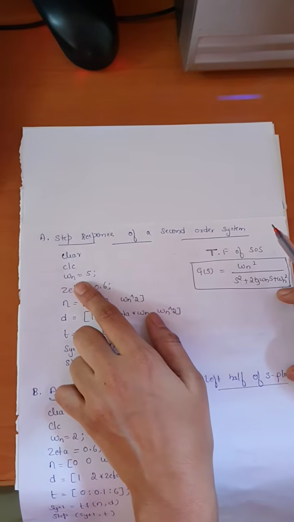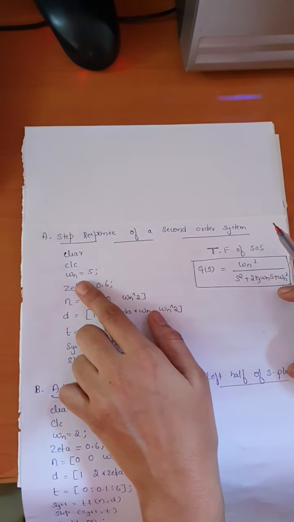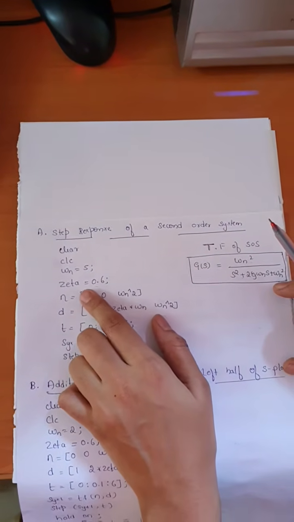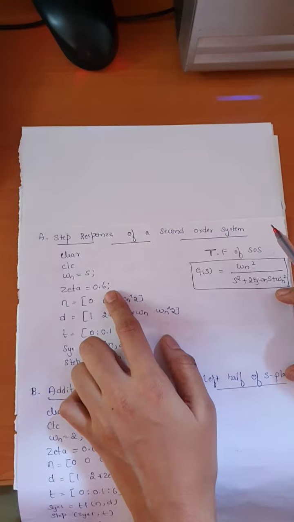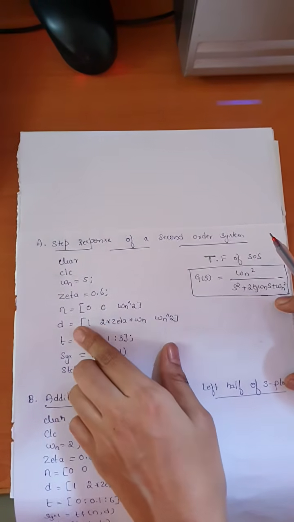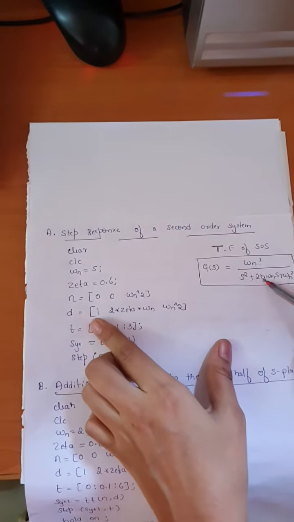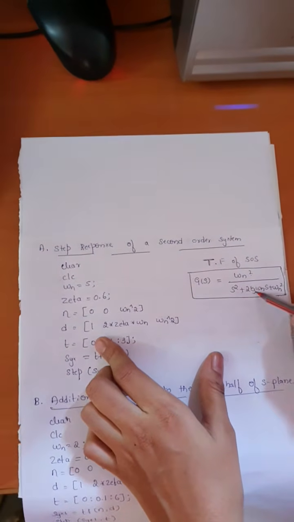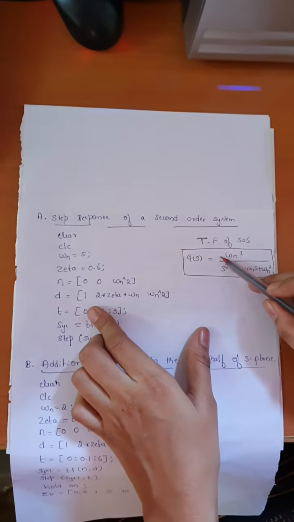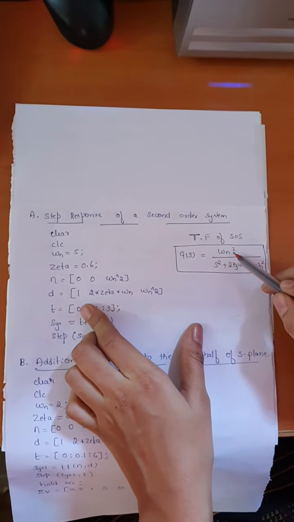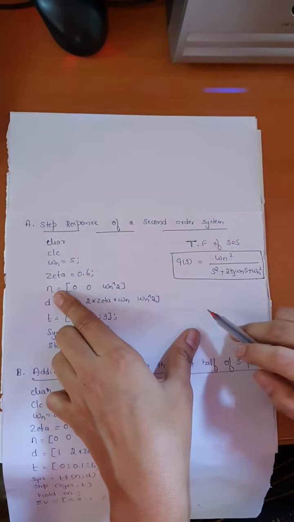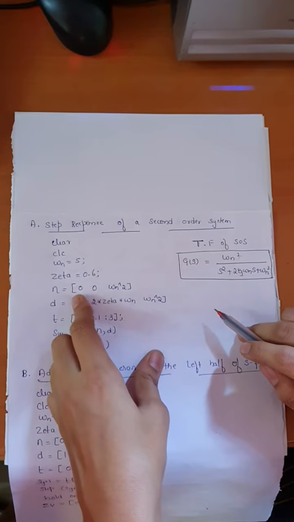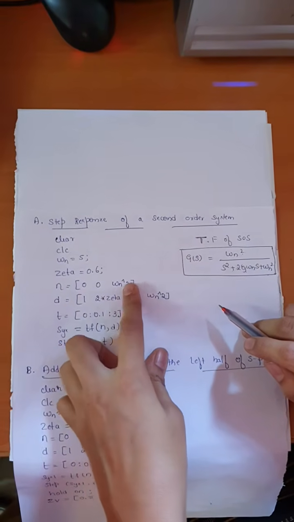Then we define the omega n value, the natural frequency, as 5, and the zeta value, the damping factor, as 0.6. The numerator and denominator are nothing but our second order transfer function. Since there is no s square and s term in the numerator, in our program we write n equals, in square brackets, 0 0 omega n square.